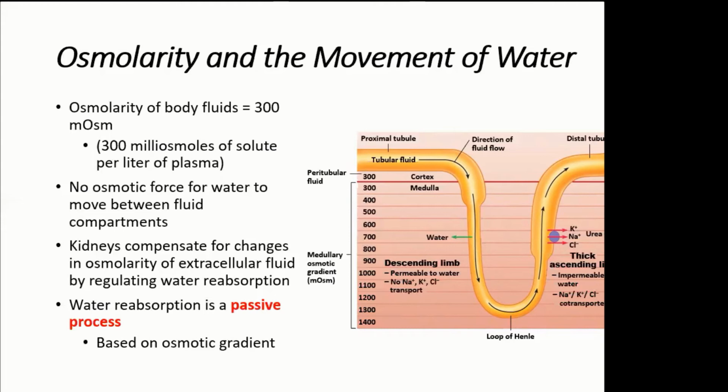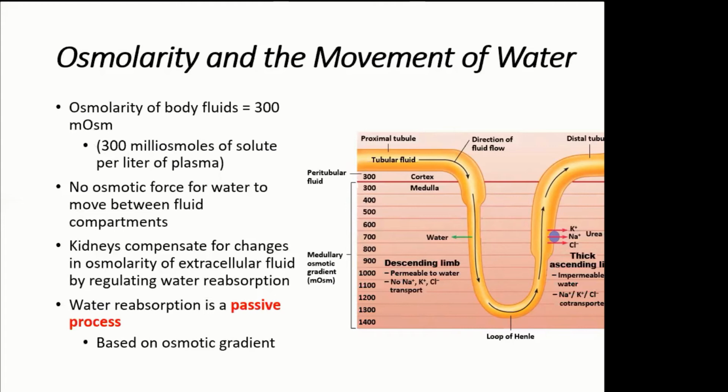Okay. The kidneys, though, are going to be able to change osmolarity, and really they're going to be doing that to keep you in homeostasis. So they're going to be trying to get you back down or back up to this 300 milliosmoles of solute. And they're going to do that by regulating the movement of water.